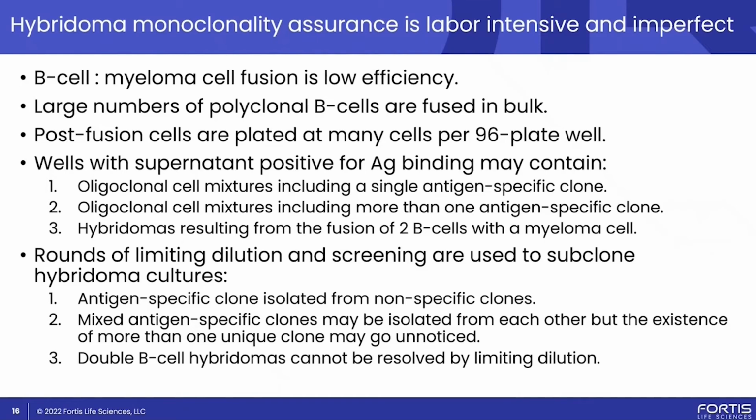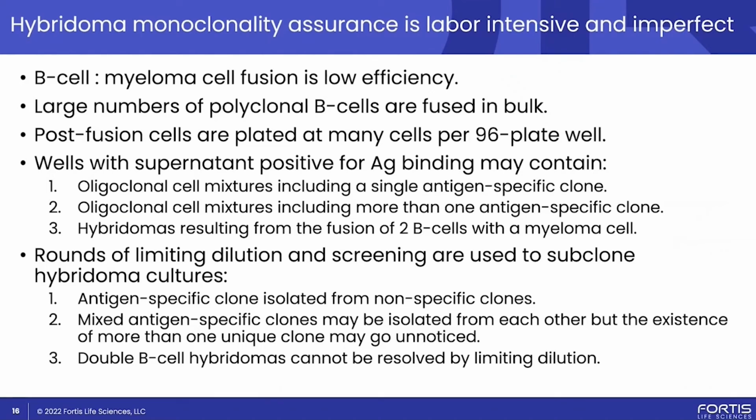And so after the fusion is performed, large numbers of cells are plated per well in 96 well plates. And then through a process of selection, unfused B cells and unfused myeloma cells are killed. And then you will end up with a well that contains supernatant, which if it's positive for binding to antigen in an ELISA screen, there can be three or more reasons why that might be the case.